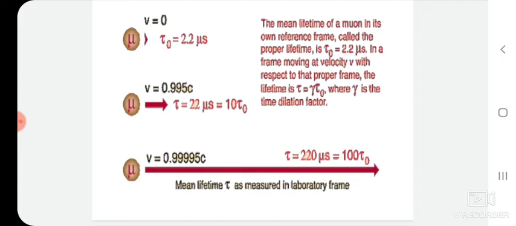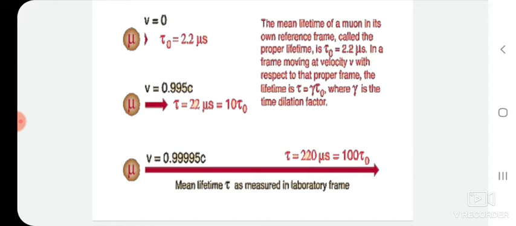If that frame moves with velocity 0.995 times c, 0.995 times the velocity of light, at that time t is equal to 22 microsecond. How is it?